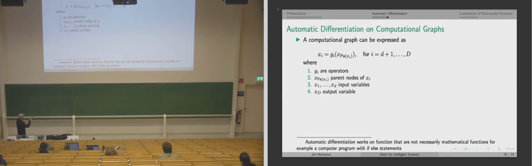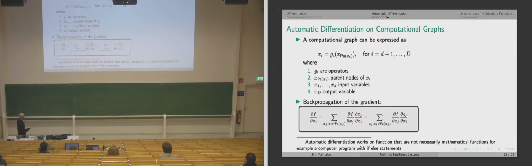So these are the parent nodes of xi, and it has a bunch of input variables and output variables. These parents are these inner results that are computed in the computational graph.